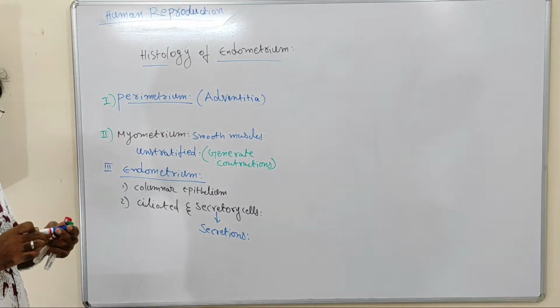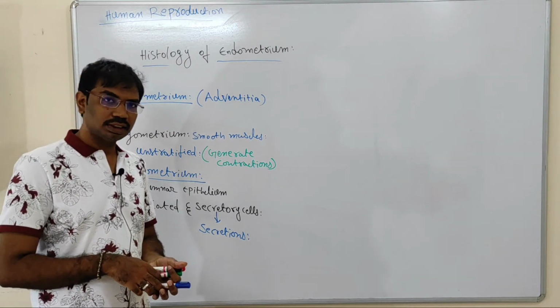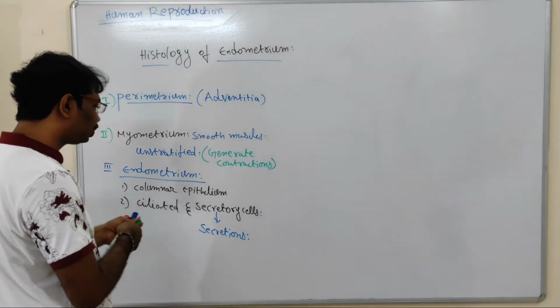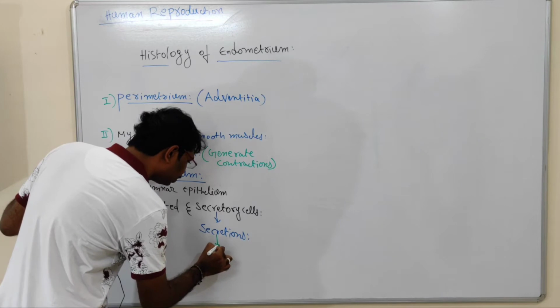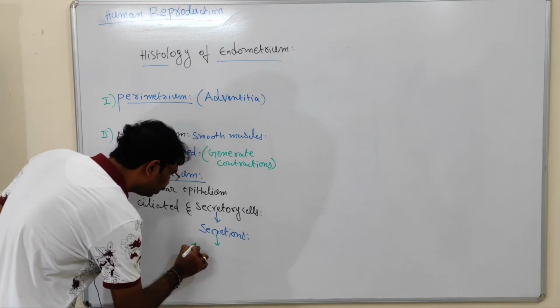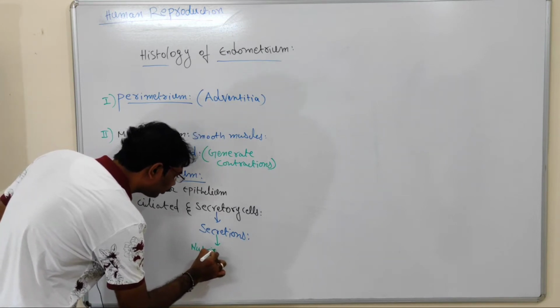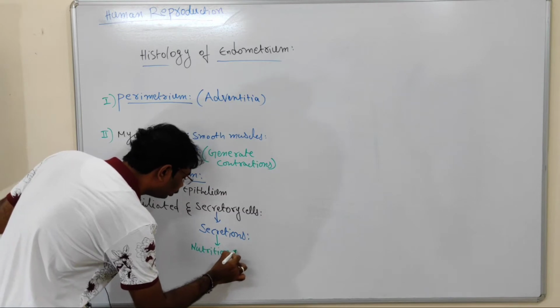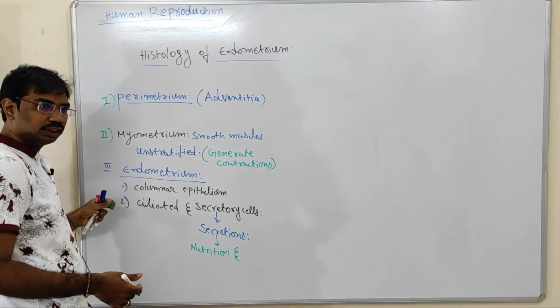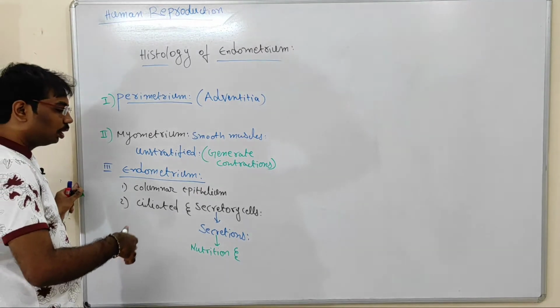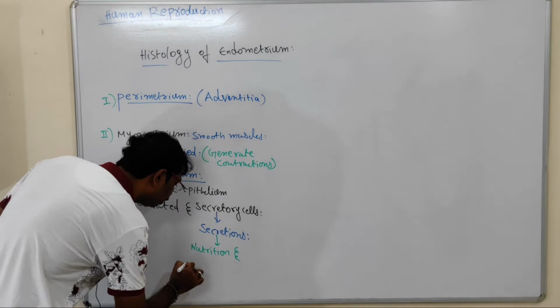The secretions produced by the secretory cells are important for the nutrition and protection of the ova.